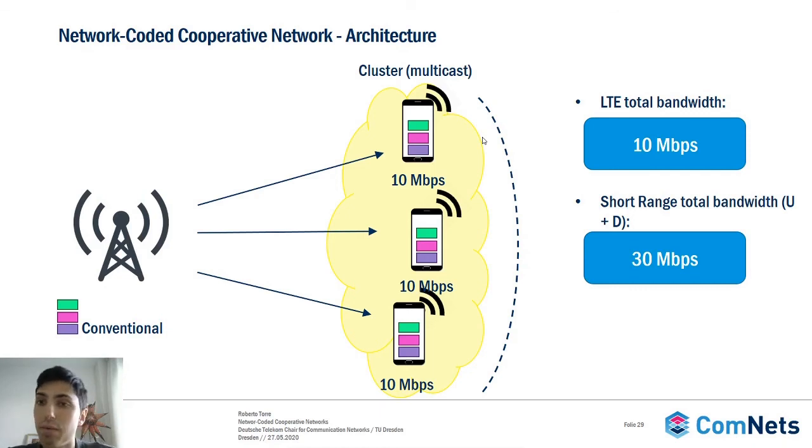So what happens with the bandwidth? Despite having these three users, so 10 megabits per second of capacity, we are only sending at 3.3 megabits per second, because we are sending 1/3.